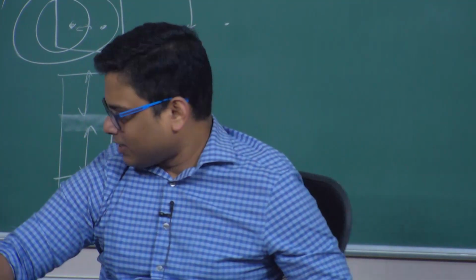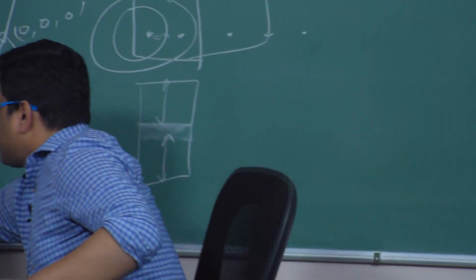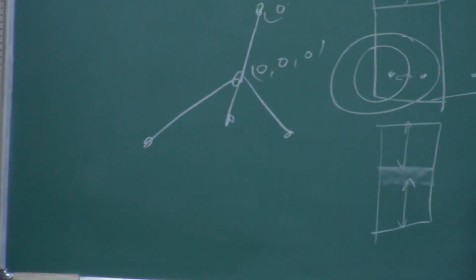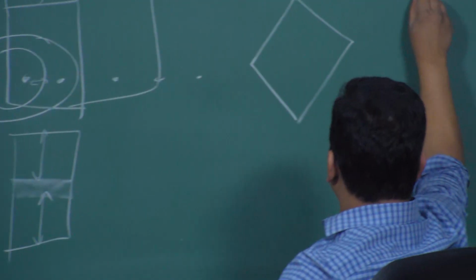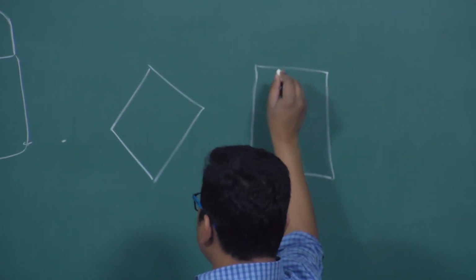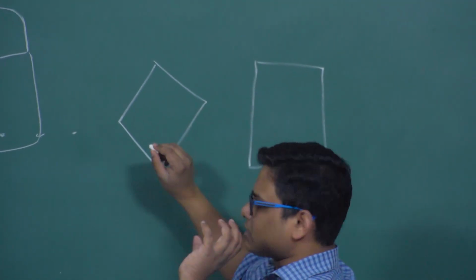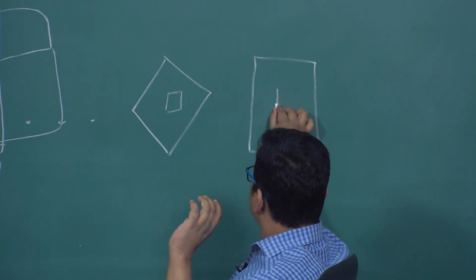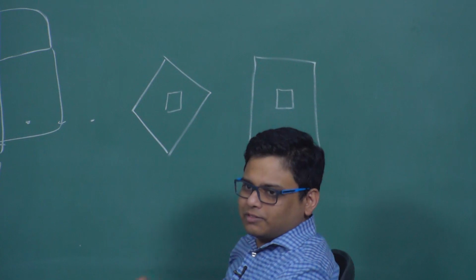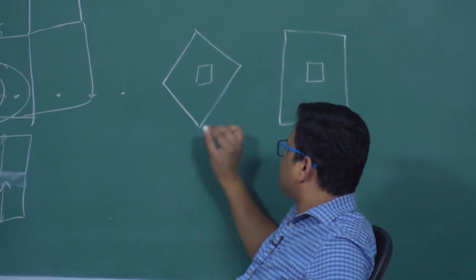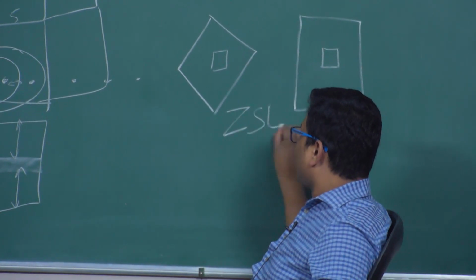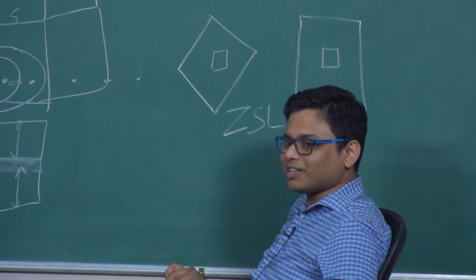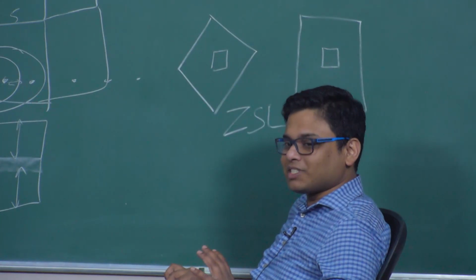So Zur, in 1986 or something, if I remember, said: suppose you have a cell like this, and suppose you have another cell like this. What's the common cell I can get, something like this, which will be close enough? So he wrote an algorithm called the ZSL algorithm in the 1980s. I can't imagine how they did it without that sophisticated computer programming.